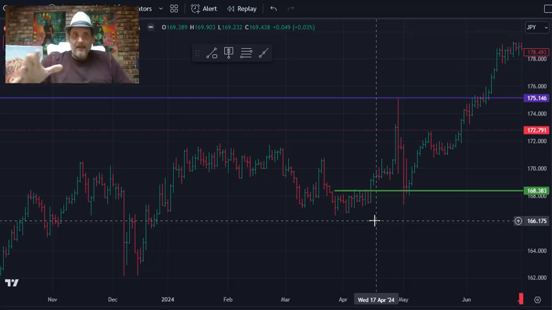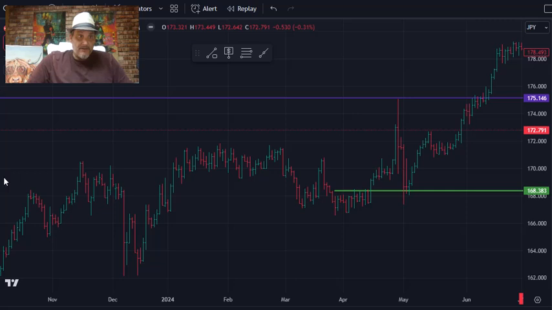We have that leg, all right, and we measured that leg. Now we could actually measure the leg itself. We have this low, okay? Now we have this high. We know that high came in because the marketplace traded down from it, off the dailies.